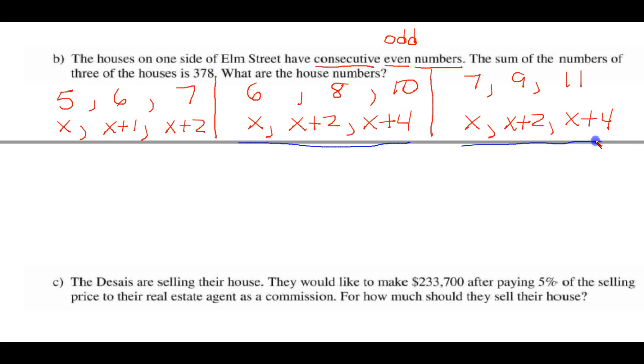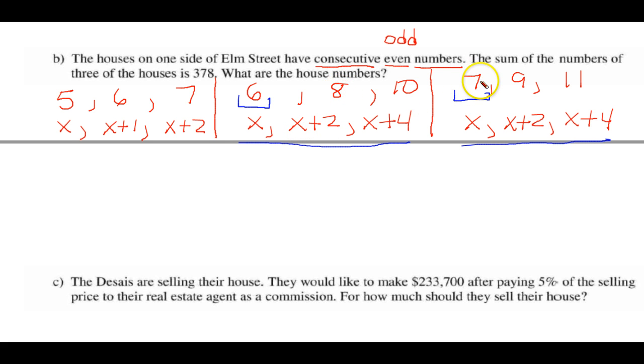These and these are exactly alike. How could that be? Well, the key to understanding this is you're defining the first number. Here, if the first number is even, then by adding 2 you get the next even.